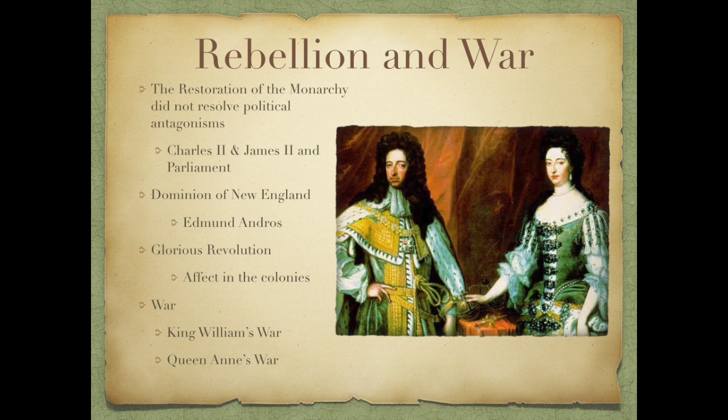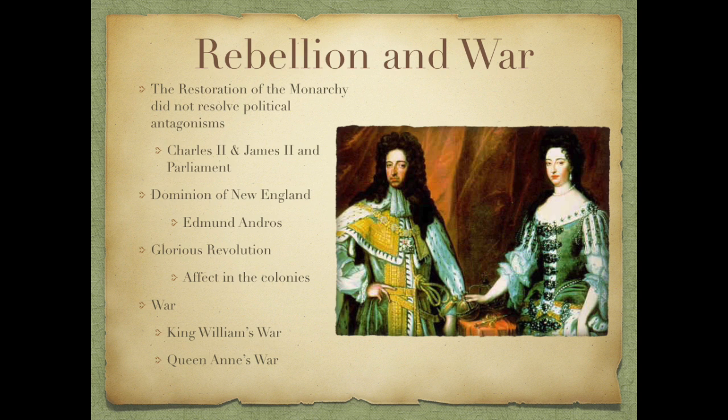So the Restoration government of Charles II, if you recall, in England, there was a civil war. In England, Charles I was deposed by Oliver Cromwell and his parliamentarians. When Oliver Cromwell died, there was a bit of a struggle as to who would take over for him.